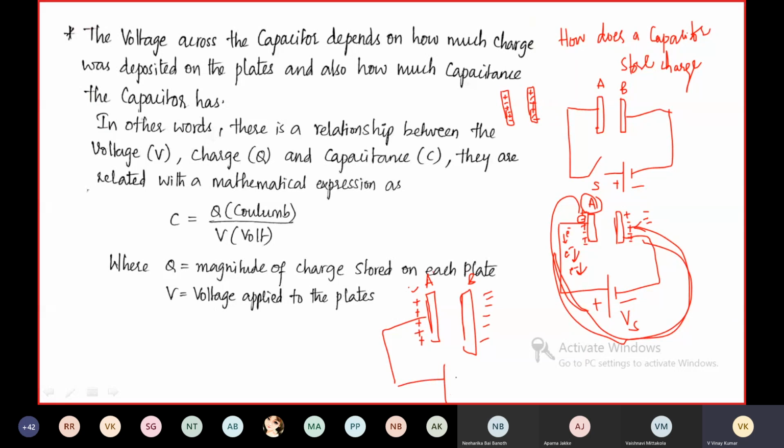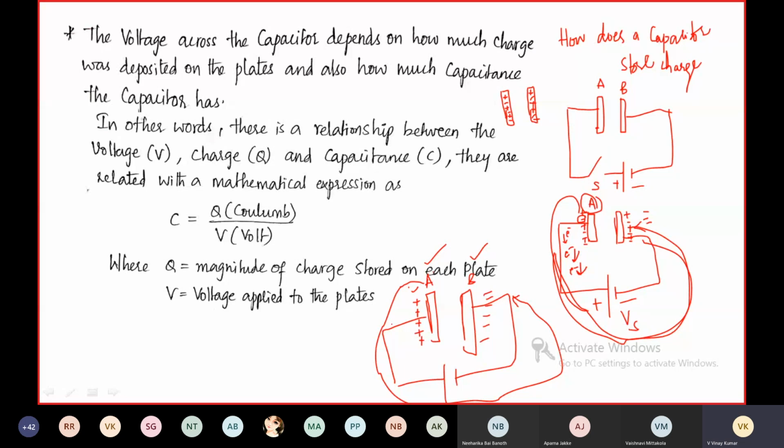The process of detaching electrons from plate A and accumulating them on plate B is called charging of the capacitor. Here plate A attains more positive charge, and plate B attains more negative charge.